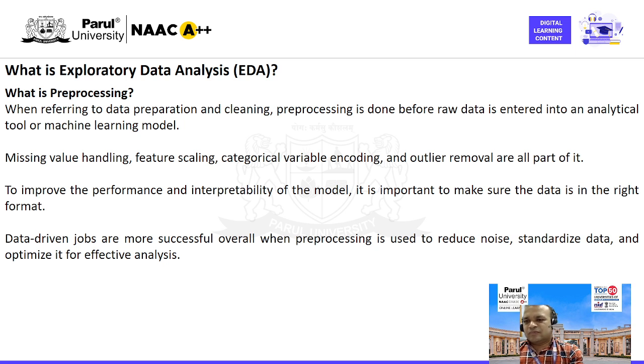In pre-processing, missing value handling, feature scaling, categorical variable encoding, and outlier removal are all part of it. To improve the performance and interpretability of the model, it is important to make sure that the data is in the right format.